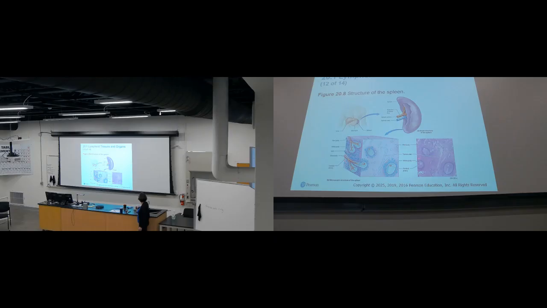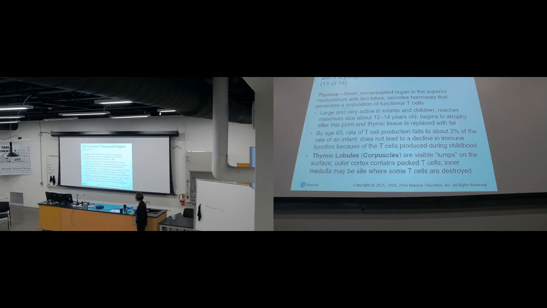And then you have the trabecula, which is collagen fibers that separate this tissue into segments. And then we have the red pulp that surrounds this white pulp. So this is the white pulp. It looks like the lymphoid follicles that we saw before in the lymphoid tissue, and this will be the red pulp surrounding these lymphoid nodules.